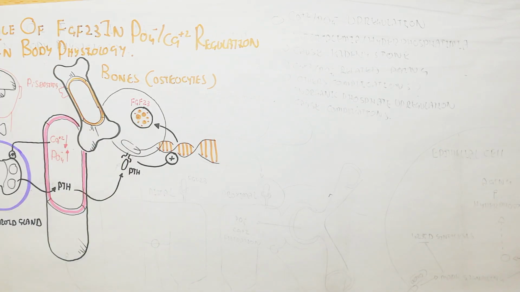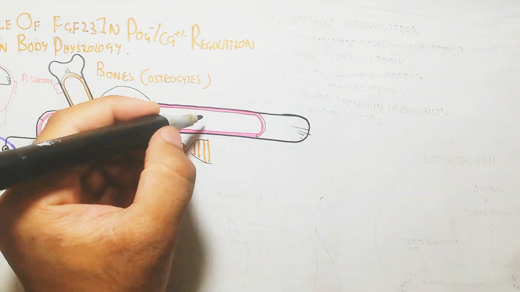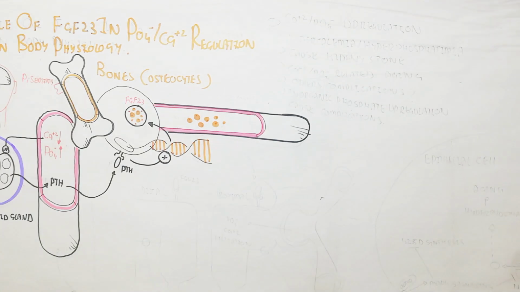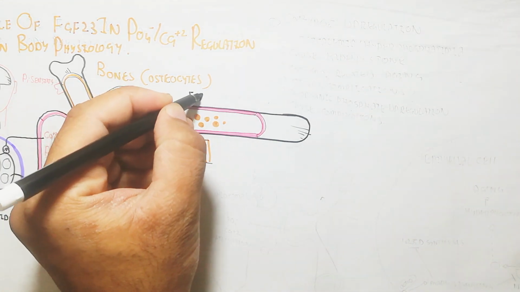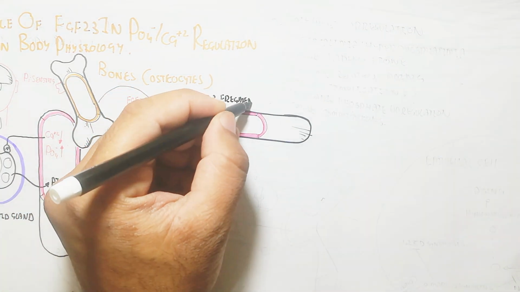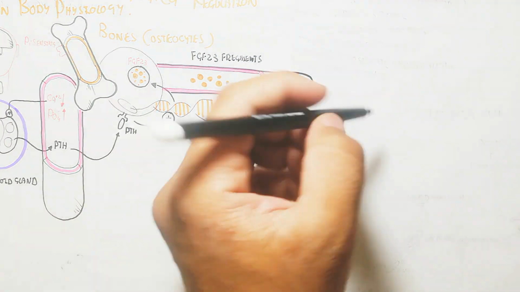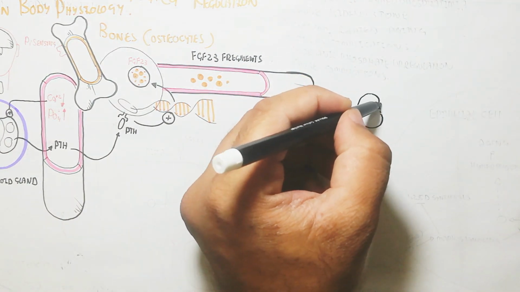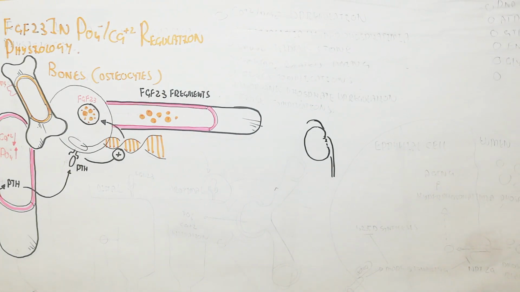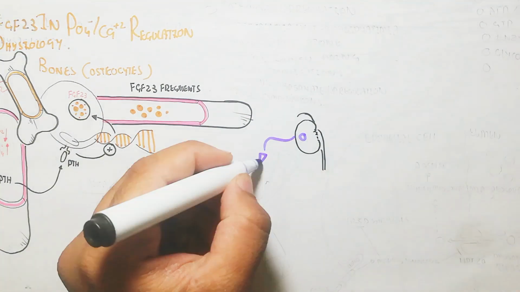This FGF23 will target the kidney, in the nephron, the proximal and distal convoluted tubules, for reabsorption of calcium and sodium, while it will excrete the phosphate group.